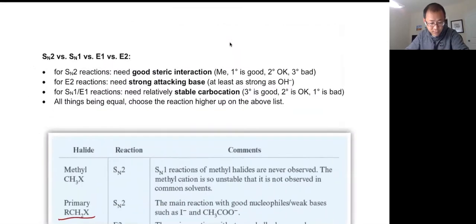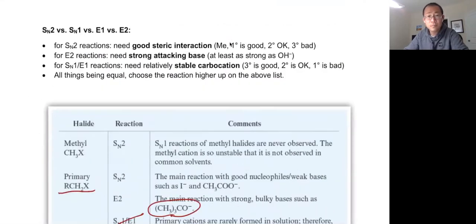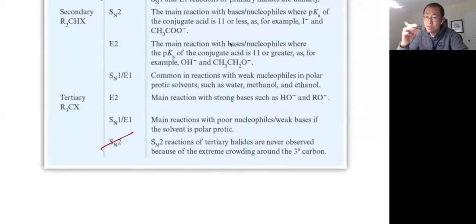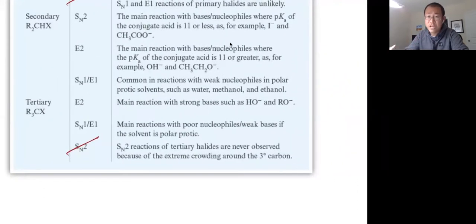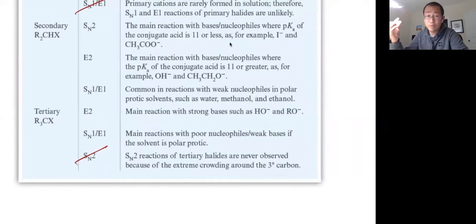You can see that substitution is still more than elimination, but weak nucleophile, weak base, E1 and SN1. But if you have a strong base, E2 for tertiary. In that case, you don't even need a hindered base because tertiary is hindered already. Any strong base will promote E2, elimination.